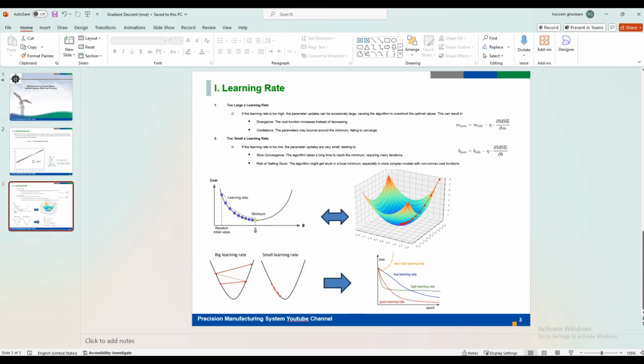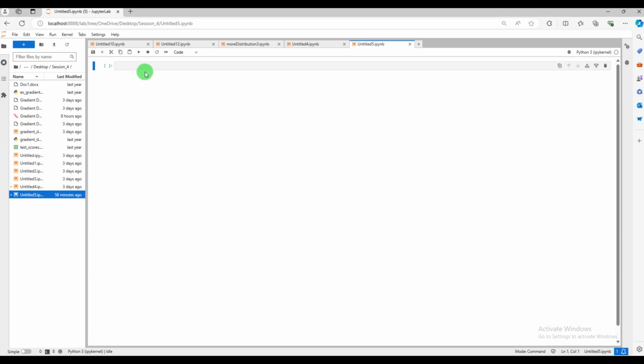So now we can start our Python code. First of all, it's necessary to import essential libraries such as the NumPy library and pyplot.